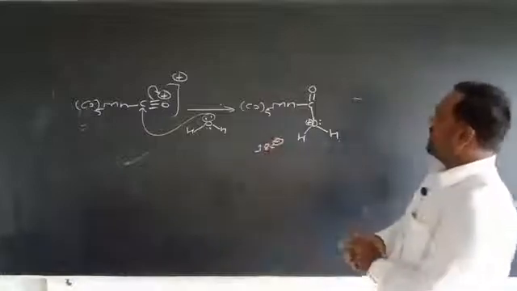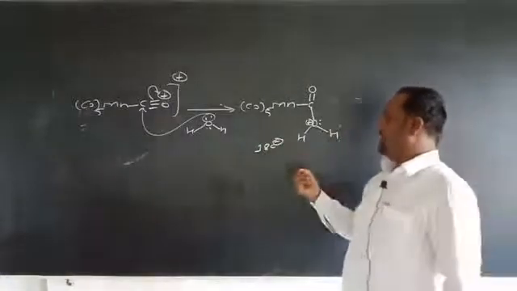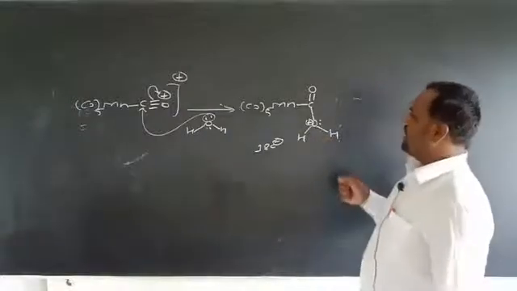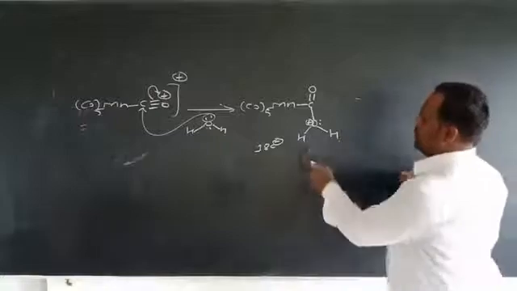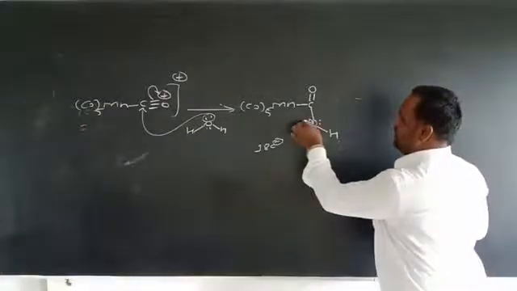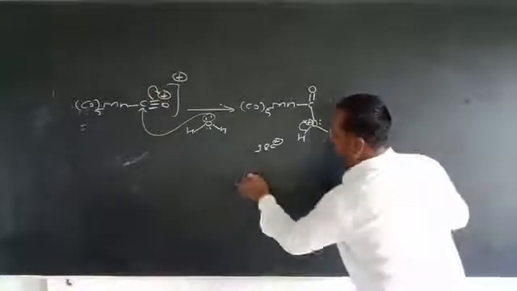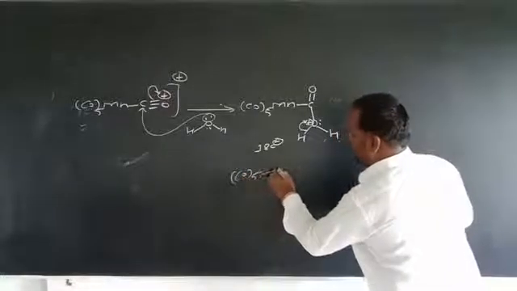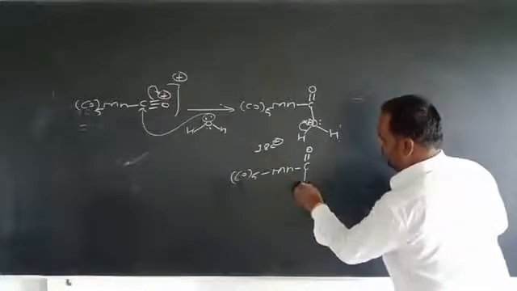Again, this 18 electron species, the complex which is formed, is highly unstable. So in this case also there is an agostic interaction. To neutralize this charge we can show it like that: we get CO by 5 Mn with C double bond O, and here OH.